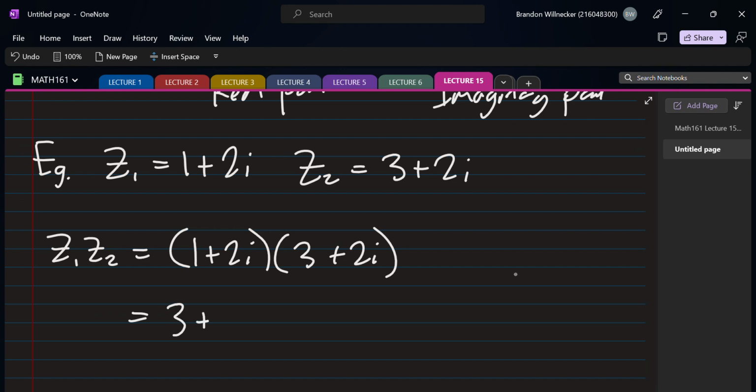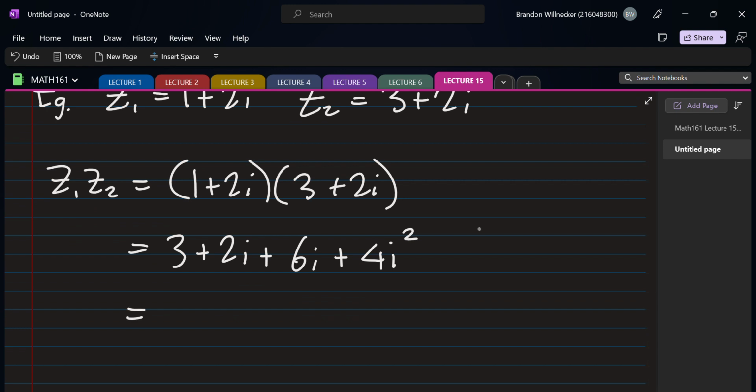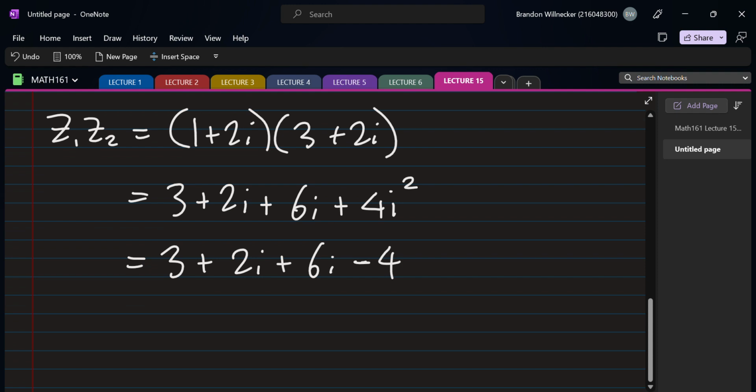So 1 times 3, that's 3. 1 times 2i, that's 2i. 2i times 3, we can write that as 6i. And 2i times 2i, that's going to be 4i squared. And remember that i times i, or i squared, that's going to be minus 1. So we must remember that for the next line. So here we have 3 plus 2i plus 6i minus 1 from the i squared times the 4.